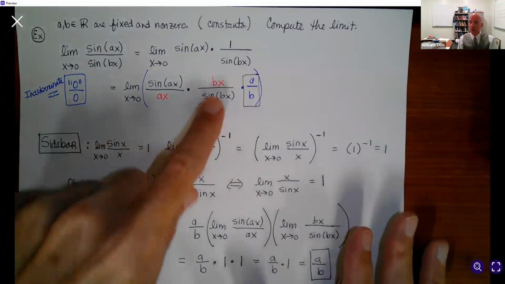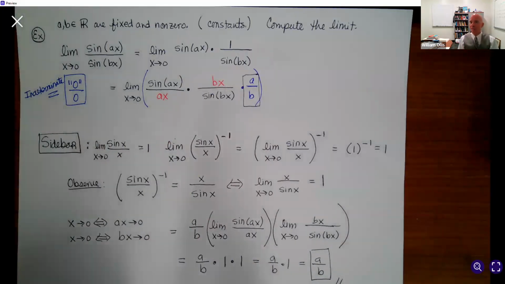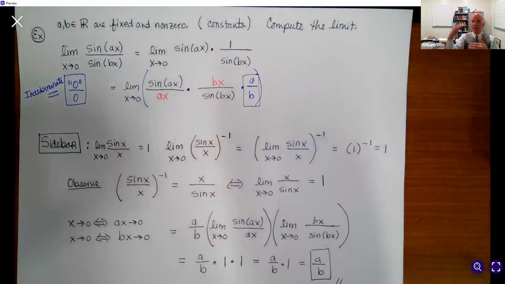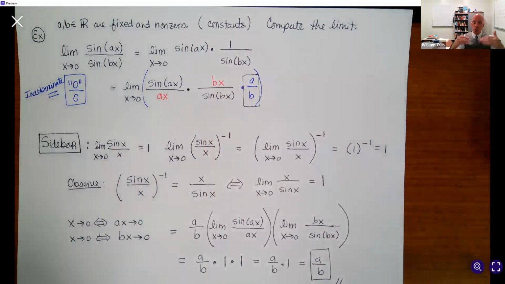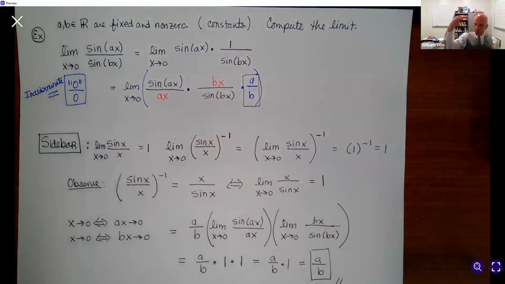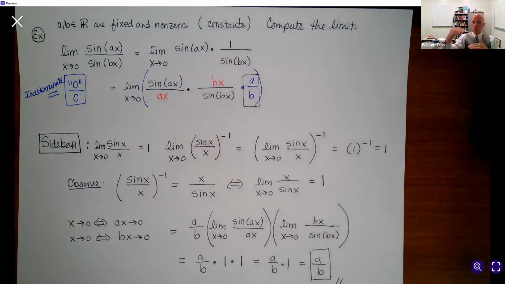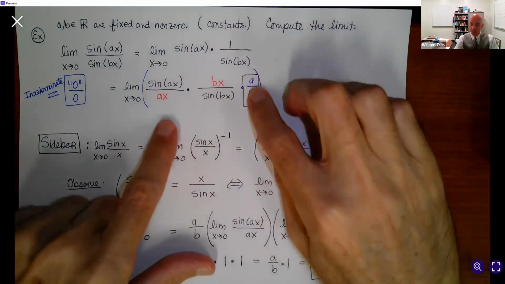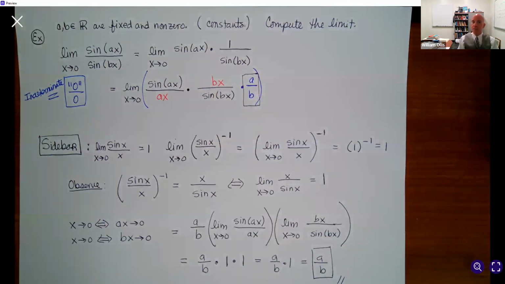We couldn't do another x because then the x's would be out of balance. So you can see the technique of multiplying by x over x, and then, of course, with the coefficients, the a and the b, and then repairing that here. This is equivalent to this.